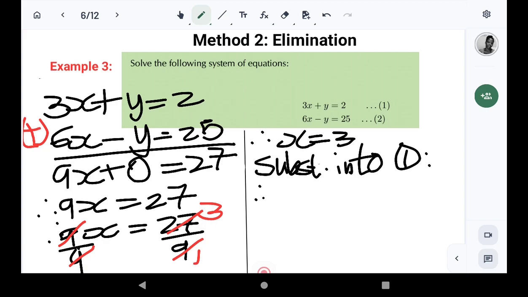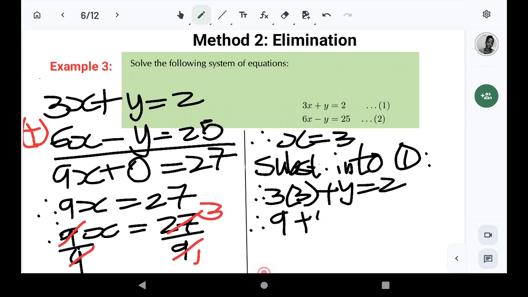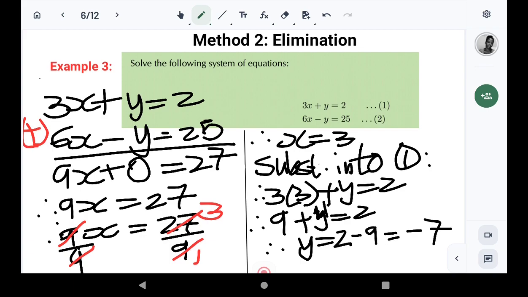Where there is x, you put 3: 3 times 3 plus y equals 2, meaning 9 plus y equals 2. Take the numbers to the right-hand side: y equals 2 minus 9, which equals negative 7. So your y equals negative 7 and your x equals 3.